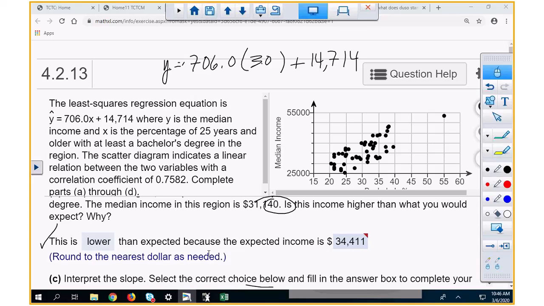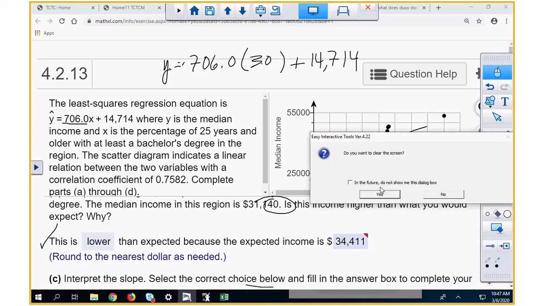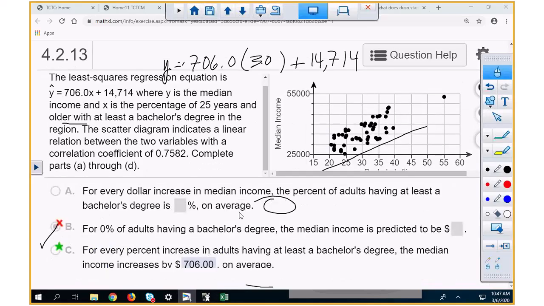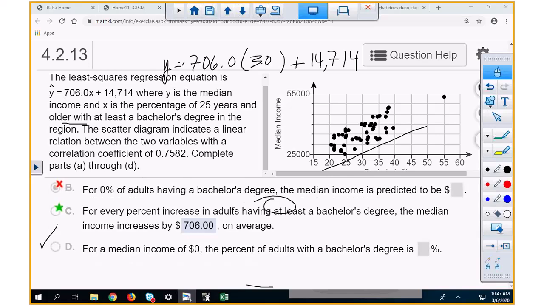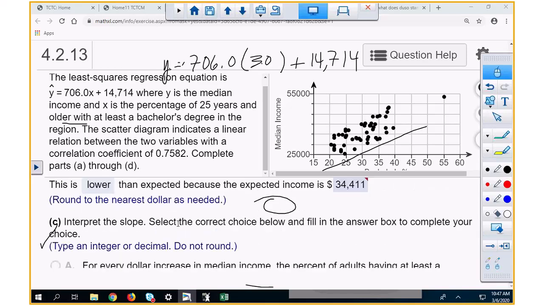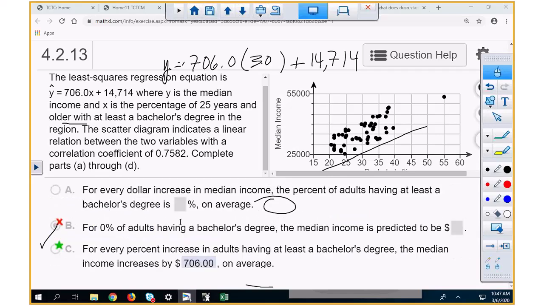Now, what is the slope of this regression line? $706, that's right, class. And it's positive. That means it runs left to right, what? Up. So if the slope is positive, what is the correlation? Positive. And that's probably what they're going to ask you here. And what does that mean?